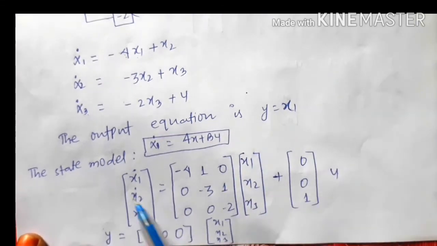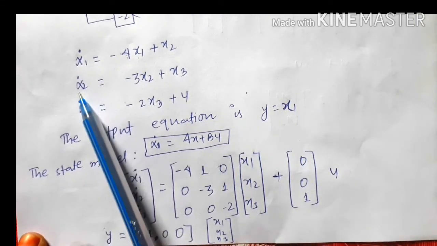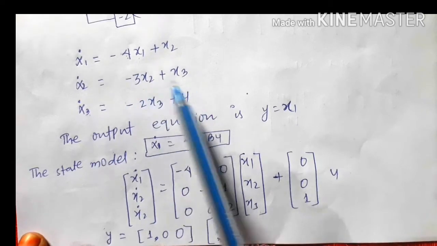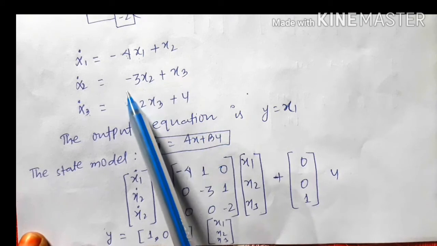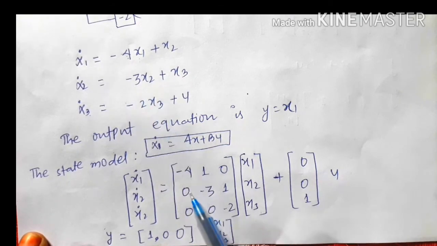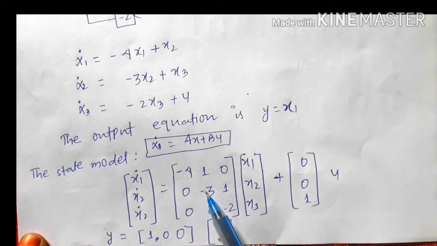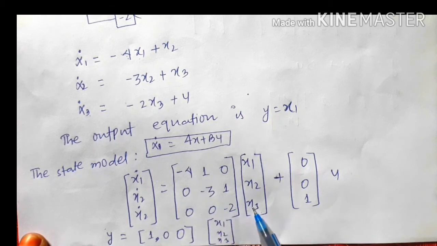Okay, when we come to x2 dot, in this equation coefficient of x2 and x3 is present and x1 is not present, that means here we write 0, and coefficient of x2 is -3 and coefficient of x3 is 1.